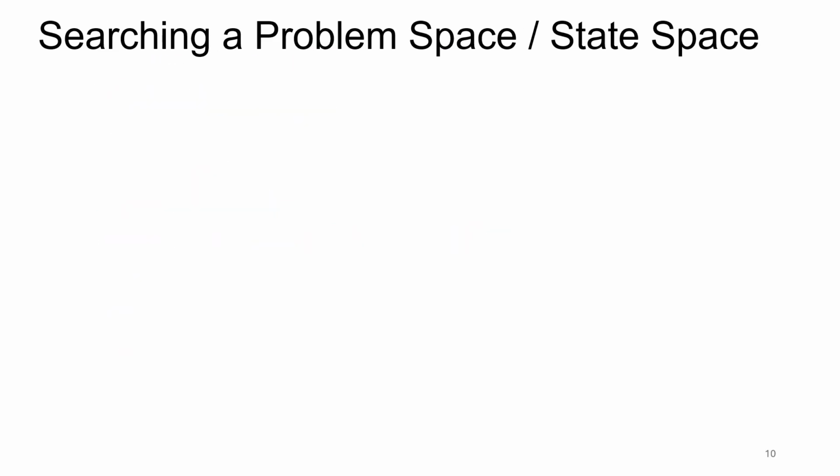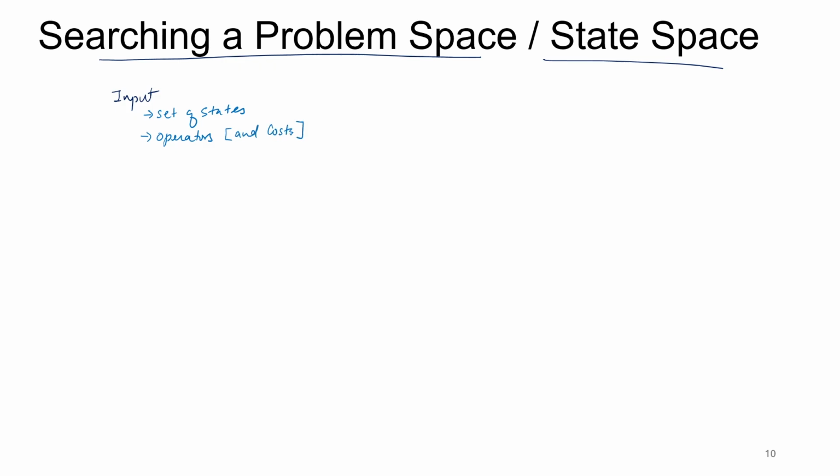So let us talk about the searching problem space, or the state space. The input to this is a set of states, operators and costs, a start state, the starting point, and a goal state, which is the test.